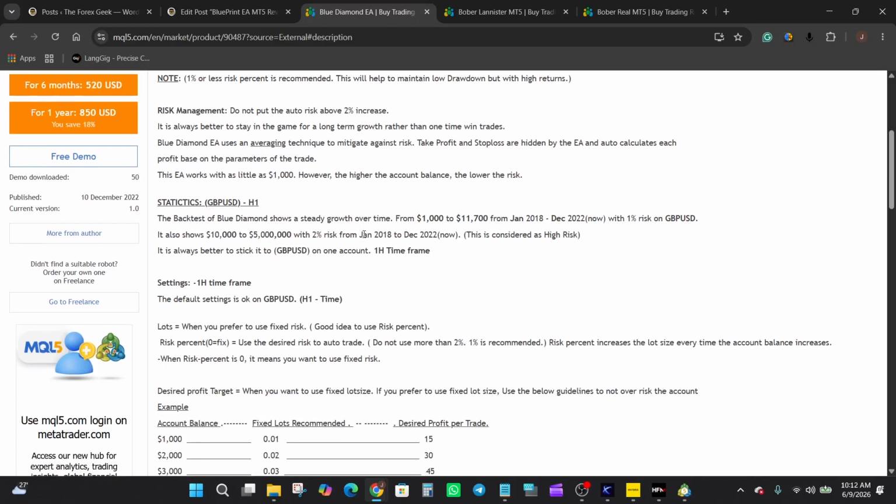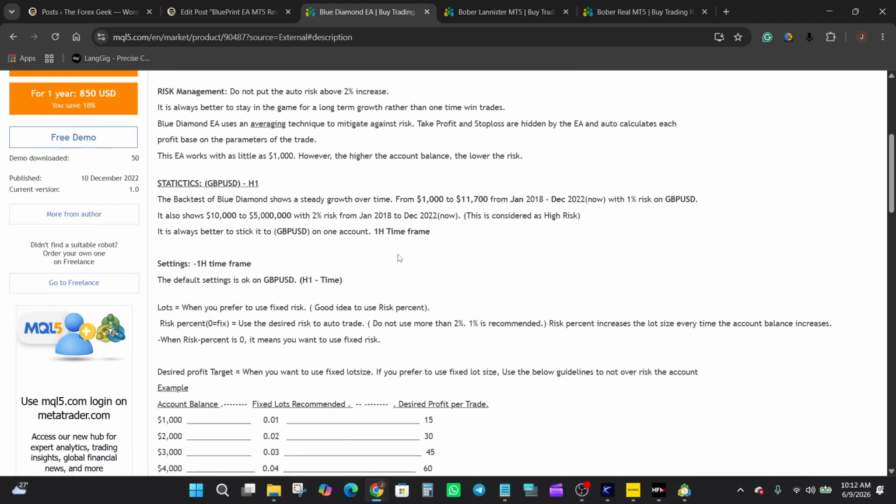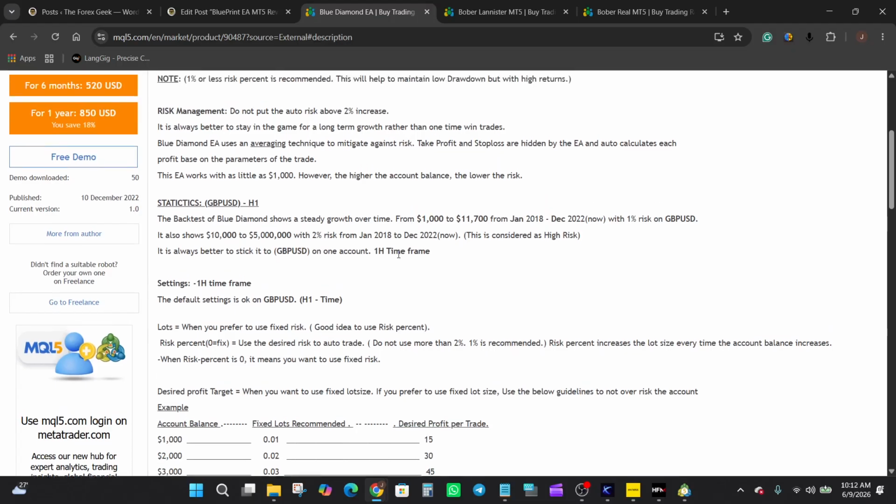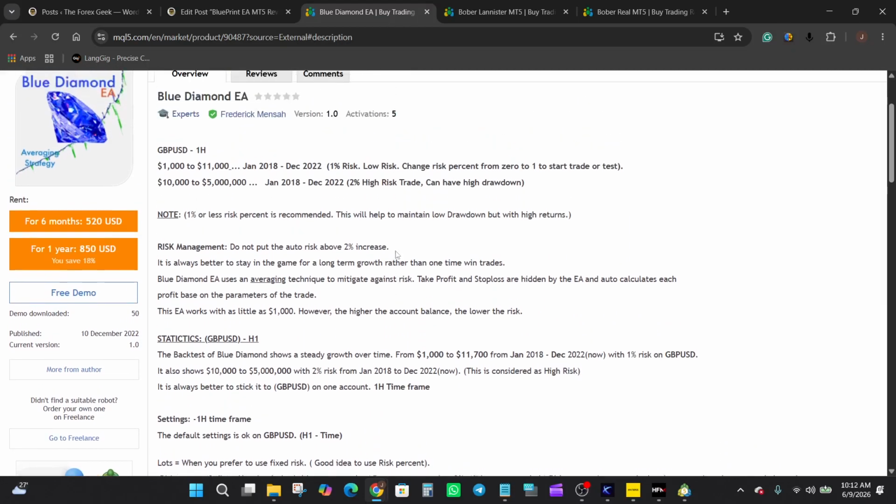As I continue through the description, risk management is clearly a major focus. The developer recommends using a risk percentage of 1% or less to help maintain lower drawdown levels, while also cautioning users not to increase the auto risk setting above 2%.